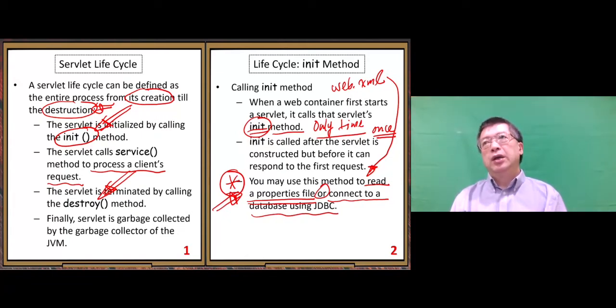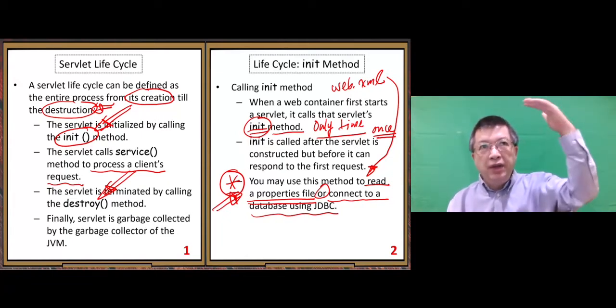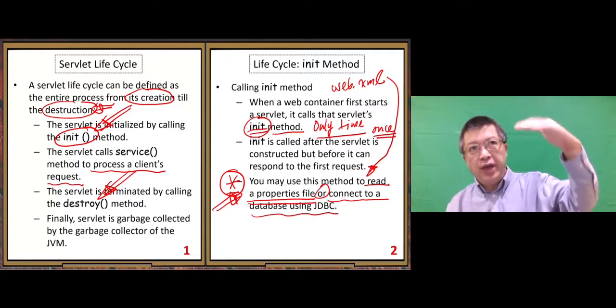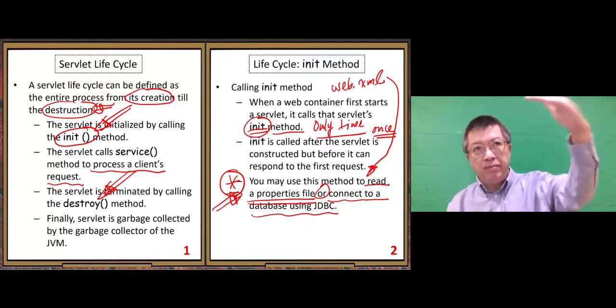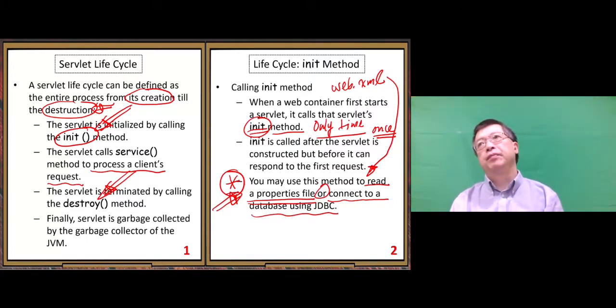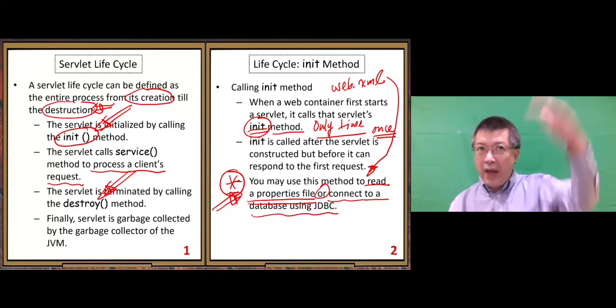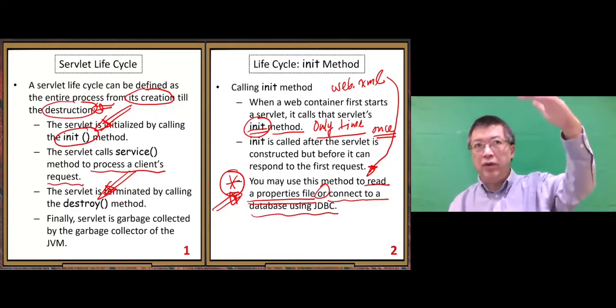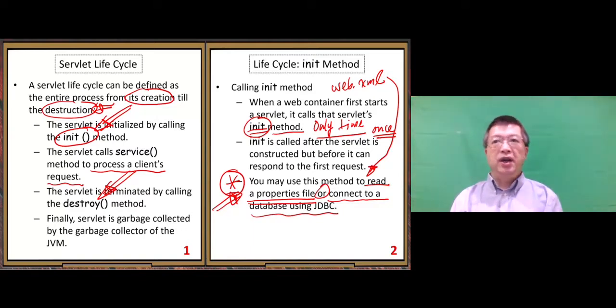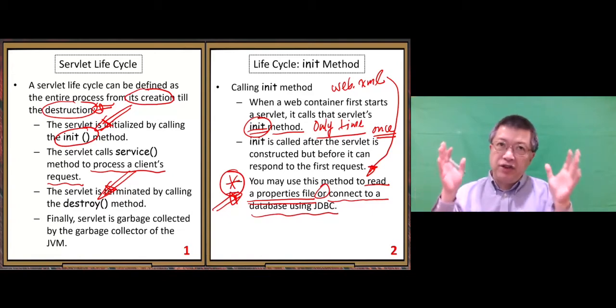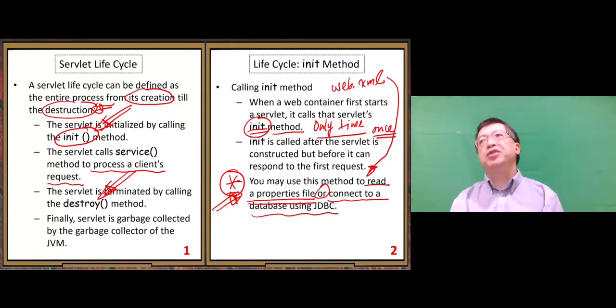Later we will learn how many different ways we can connect to databases, and which way is good and which way is not good. That is a very important issue. Here, this is the first time we look at a database connection.